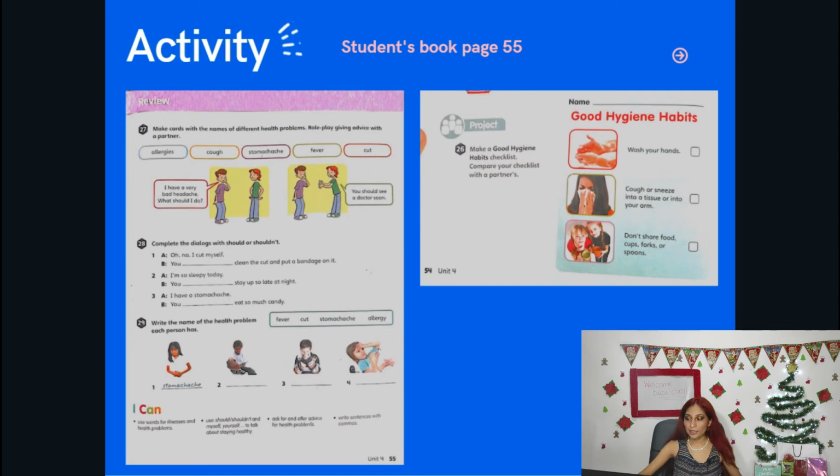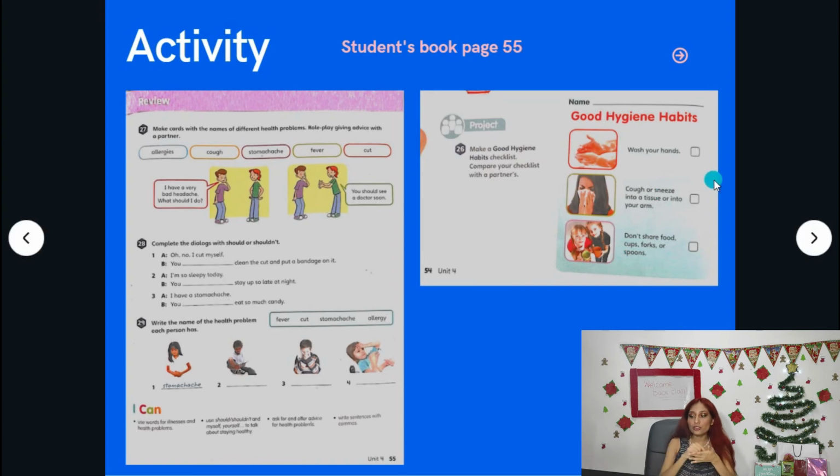Good hygiene habits. You can think about any good hygiene habits, like the examples. You cannot use these. No puedes usar estos que ya están. You need to think about 3 others, at least. You can put more. Puedes poner más, pero al menos unos 3. The examples are: wash your hands, cough or sneeze into a tissue or into your arm, or don't share food, cups, forks, or spoons.